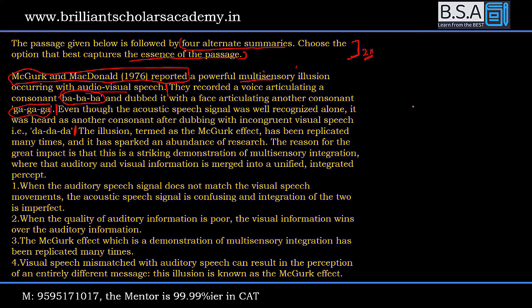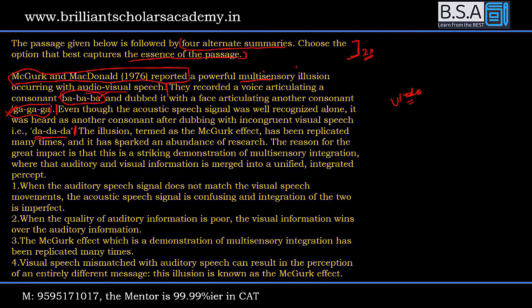But a person who sees the video and hears the audio, the person hears da da da, even though it was very clearly recorded as ba ba ba. Ba ba ba is very clear. This is in the video, ga ga ga. But a person who sees the video and listens to the audio at the same time hears da da da.